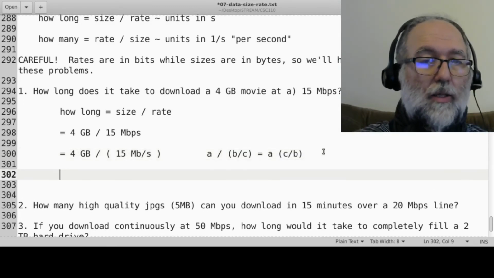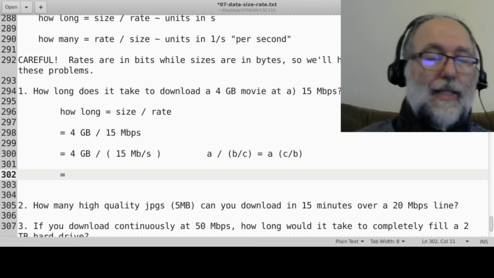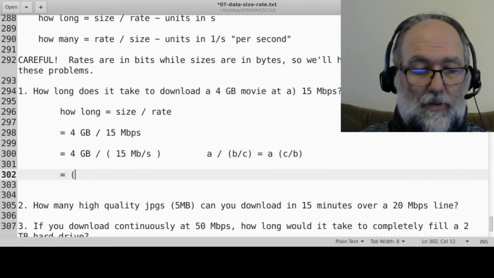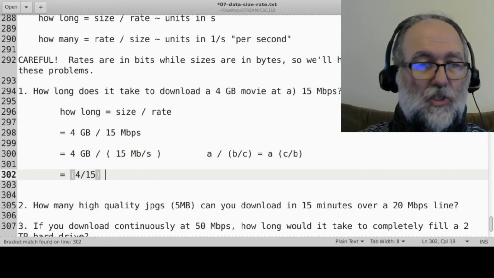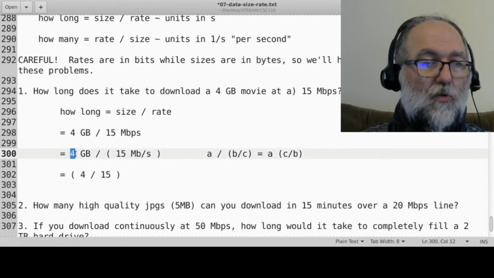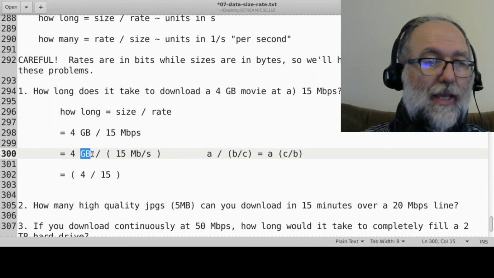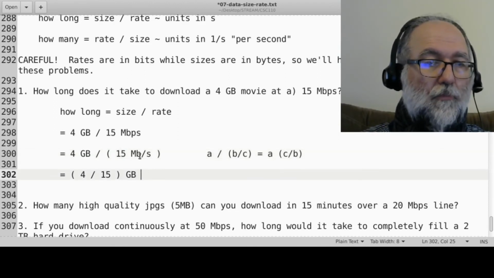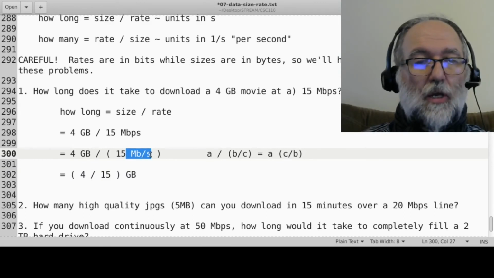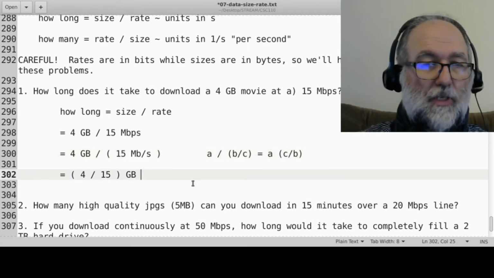Okay, and so the best thing to do here is isolate the numbers first. So you've got a 4 and a 15. So we've got 4 divided by 15. We'll just put the numbers aside because that part is easy, 4 divided by 15. Okay, and now for the units, we've got gigabytes here in the numerator. And then for that one, because we're dividing by that fraction, we're going to multiply by its reciprocal.